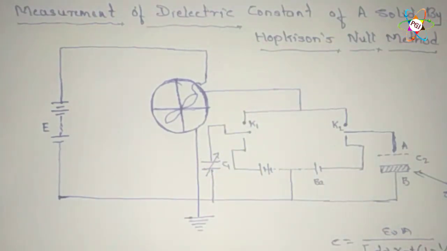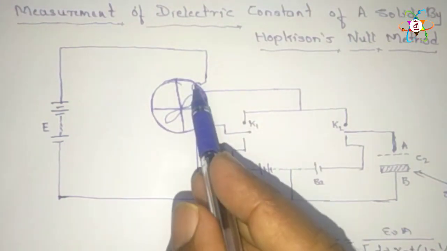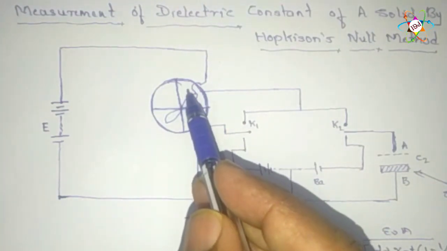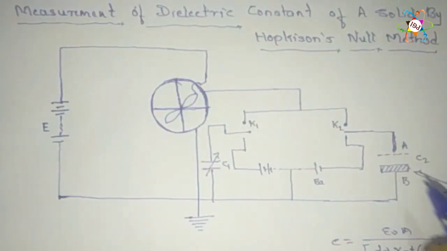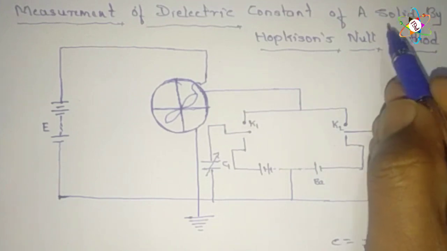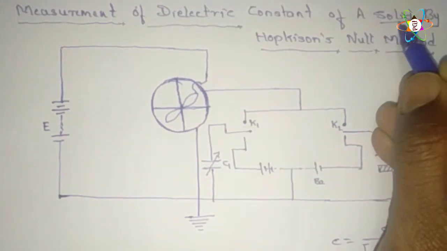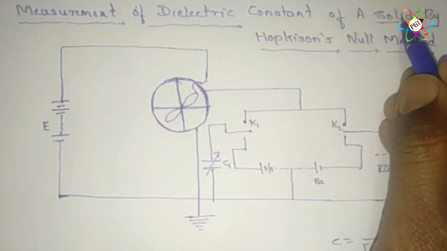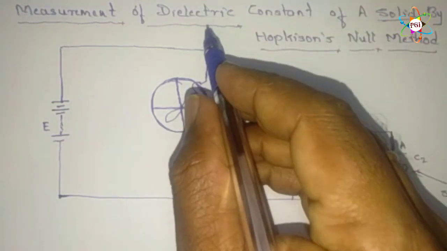First, this is the electrometer. Mainly, you have to consider a solid body. This is the solid, the dielectric.